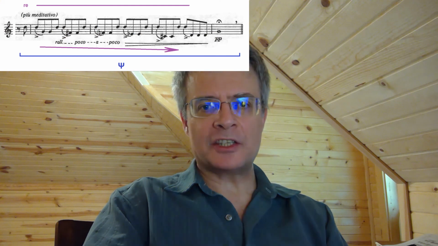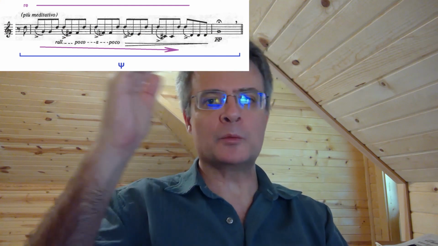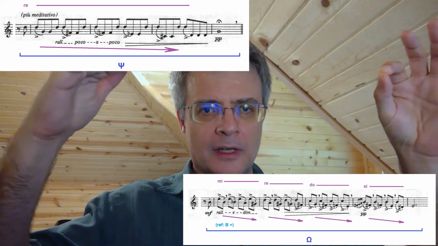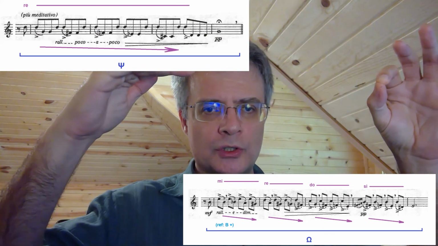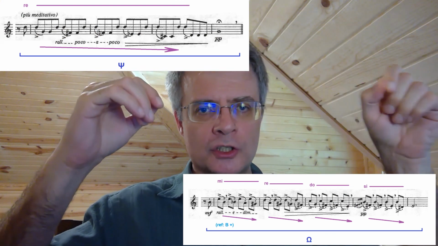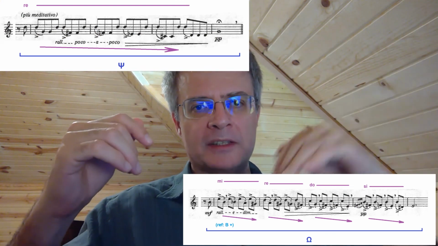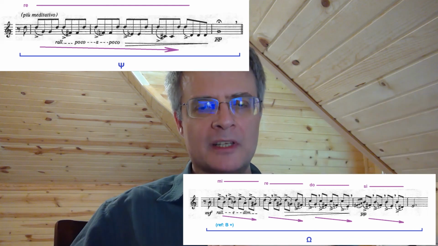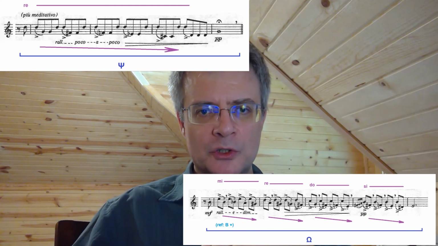Another one is that if you look at the structure of psi, then it would seem to be like a stretched out form of omega, right? It's like you take one of the units of omega, in which, if you remember, we have a steady note, usually represented by odd notes, and a moving chromatic voice, a descending chromatic voice, represented by the even notes.